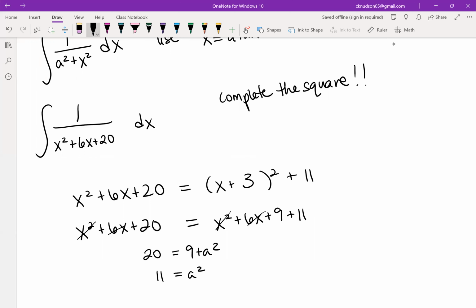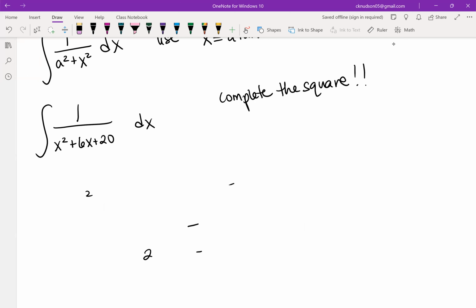And now we can say that x plus 3 quantity squared plus 11 is equal to our left-hand side right here. Okay, so let's go ahead and rewrite that denominator then. So this is equal to 1 over x plus 3 squared plus 11.